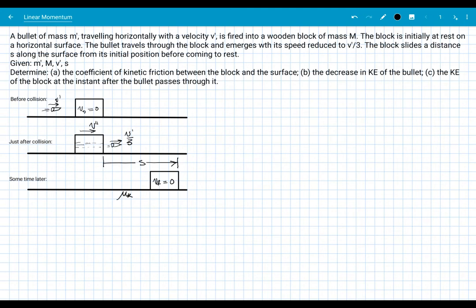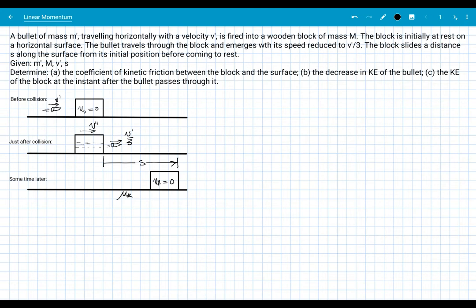The bullet goes off, and then the block slides to rest, because it's on a surface with friction at that interface, over some distance s. That's also given. So our givens are the two masses, v prime, and s.